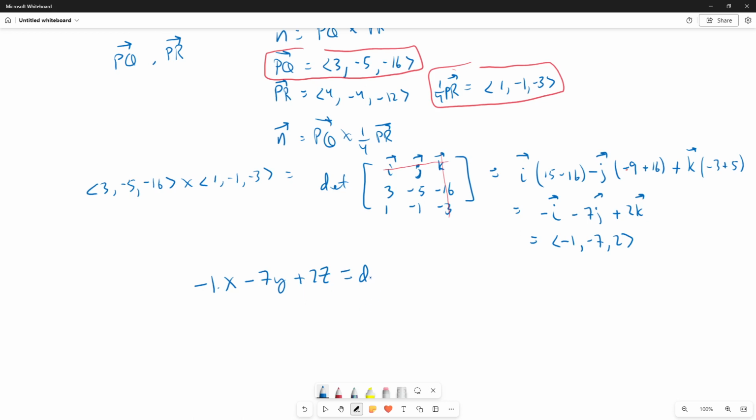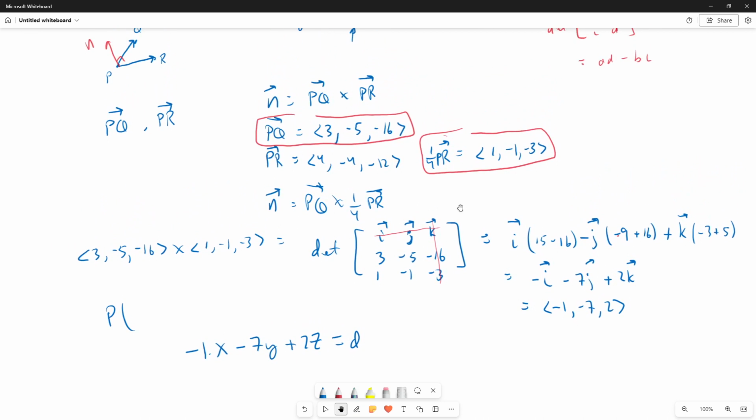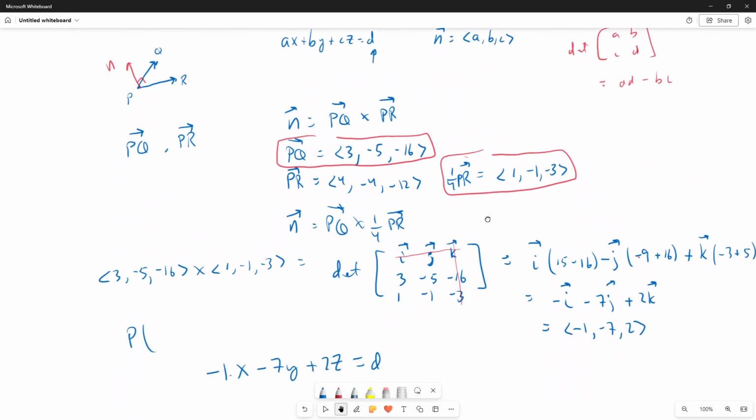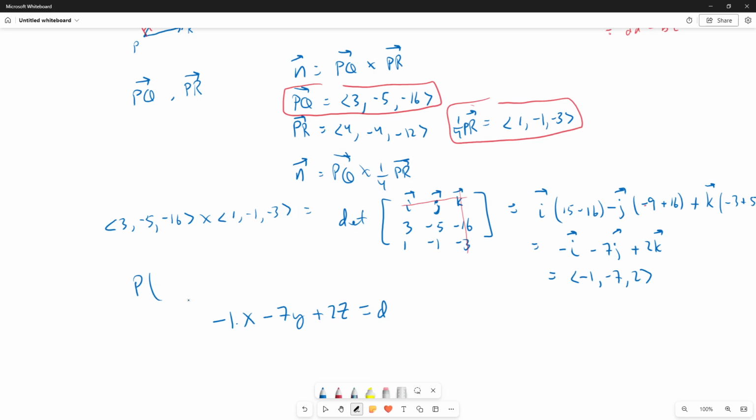And then to get that number, we can use any one of the 3 points that was originally given. So let's look at the point P. What were the coordinates of P? The coordinates of P are 1, 4, 9. So P was 1, 4, 9.